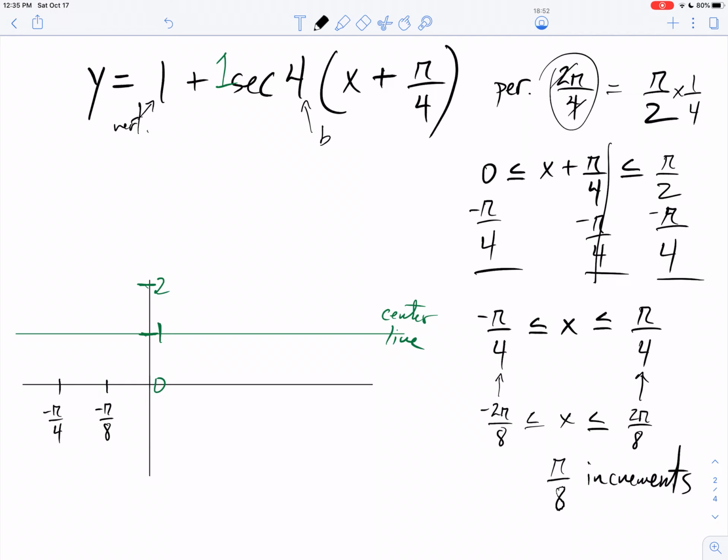That is 0. Then I have one over here at pi over 8. And then I have another one at 2 pi eighths. I'm just going to call it pi fourths. Remember, that's where it starts, and that's where it stops. And I'm looking, it says here, graph each function over 1 period is the instructions. So that's going to be good enough for us.